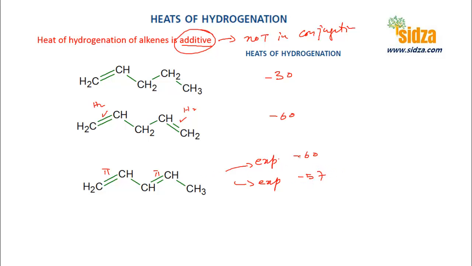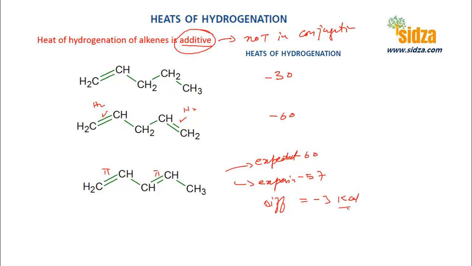This is the expected value and this is the experimental value. You expect minus 60, but it is actually 57 kilocalories only. So the difference is around 3 kilocalories.